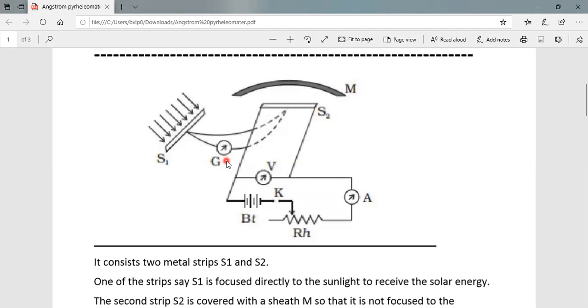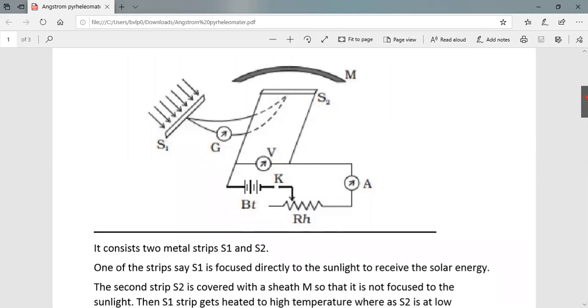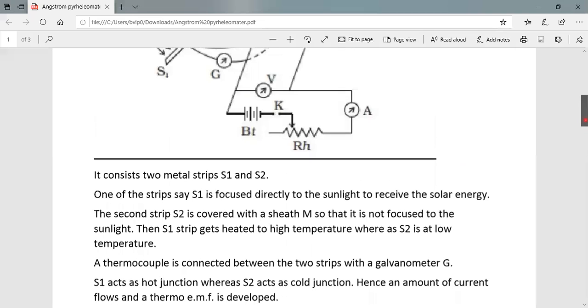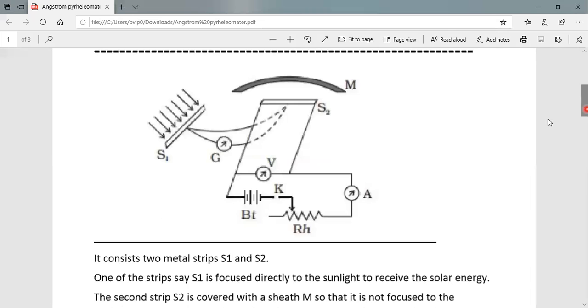How does it work? Here we have two metal strips. The metal strip S1 is directly exposed to the sunlight, so it is at a hot temperature, whereas S2 is at a cold temperature because it is protected with a sheath.